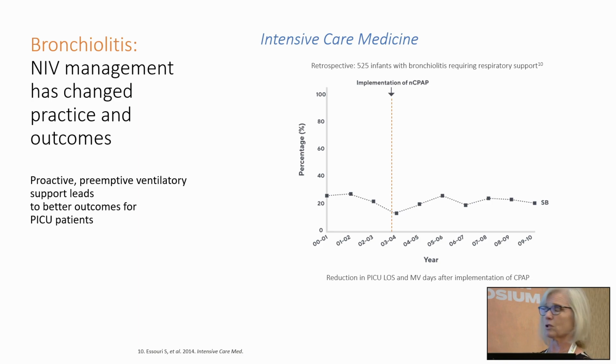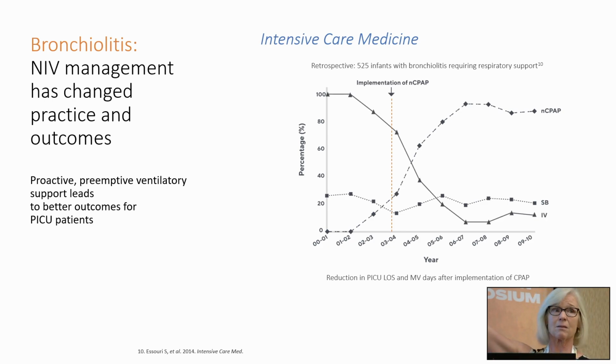These are the patients who are spontaneously breathing. So that number doesn't really change. But we can see these patients who we used to not use CPAP at all, and once we started using CPAP, the way that we used it became more and more frequent. So we used it on almost all of our patients now, whereas the number of intubated patients has dropped significantly, and obviously it was when we started using CPAP.